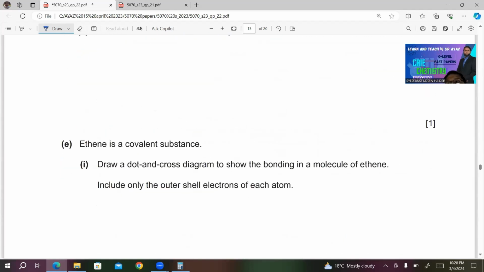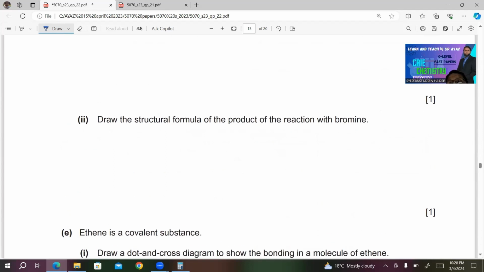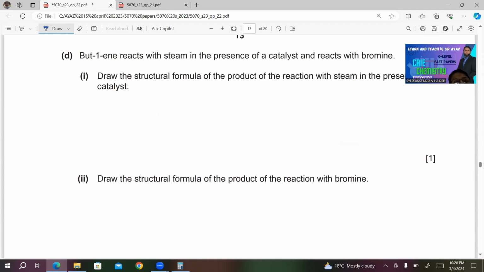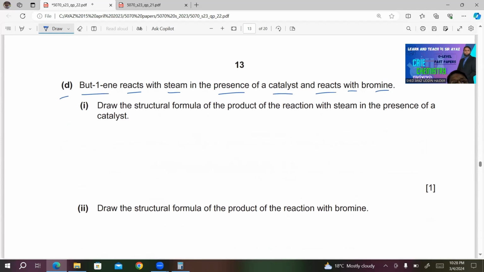Moving to next question, part D. Butene reacts with steam in the presence of a catalyst and reacts with bromine. Number 1. Draw the structural formula of the product of the reaction with steam in the presence of a catalyst. Now recall, butene is an alkene.